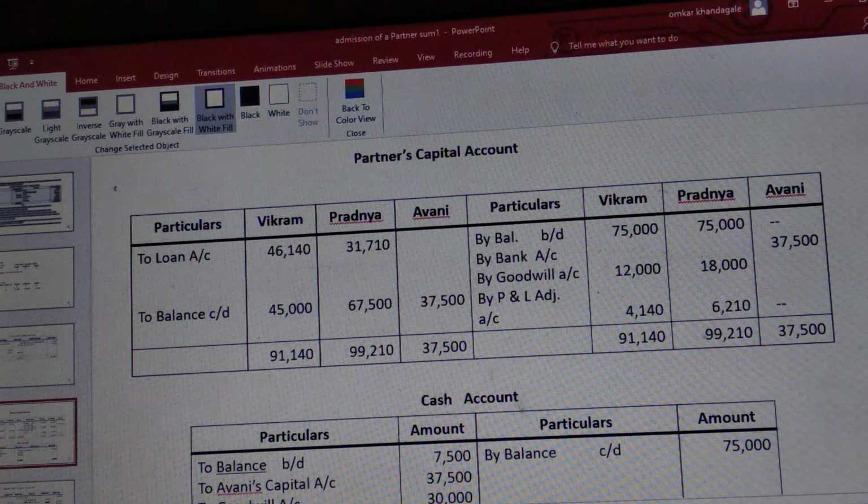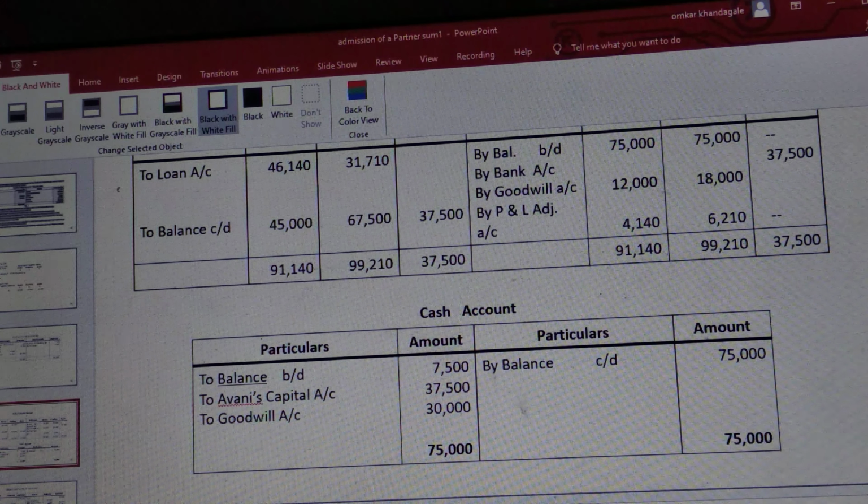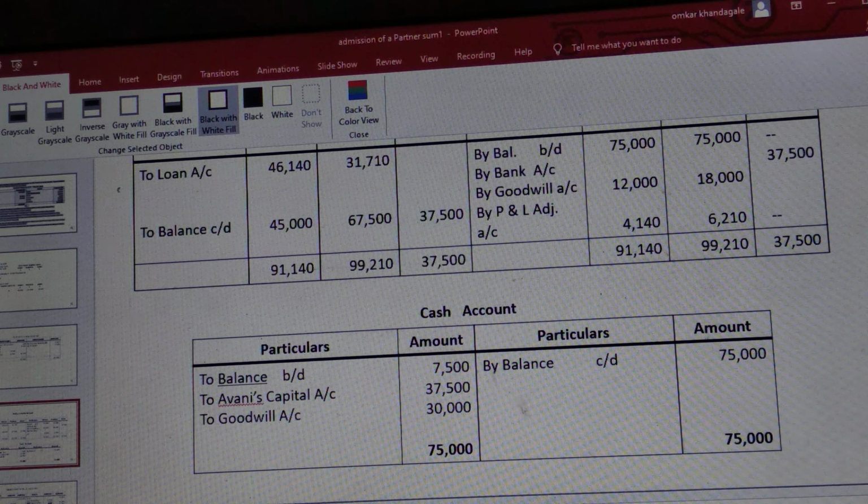Now see, I have made the cash account. See, to balance brought down, how much was the balance? 7,500. How much capital did Avni contribute in the firm? 37,500. How much amount did he bring for the goodwill? 30,000. Now, in the credit side, nothing has gone out from the cash account.